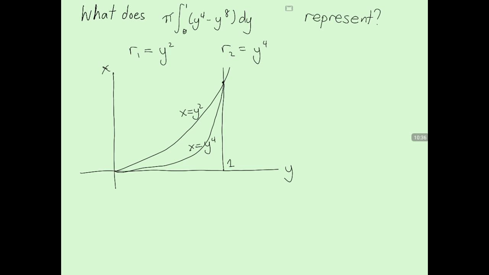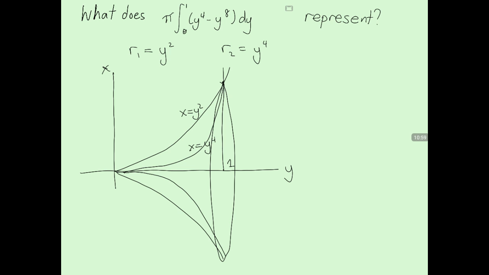And if we do that, we're going to get something like this, this big pointed cone-like shape. And we're going to take that and then subtract the volume obtained by rotating underneath the y to the 4th function.